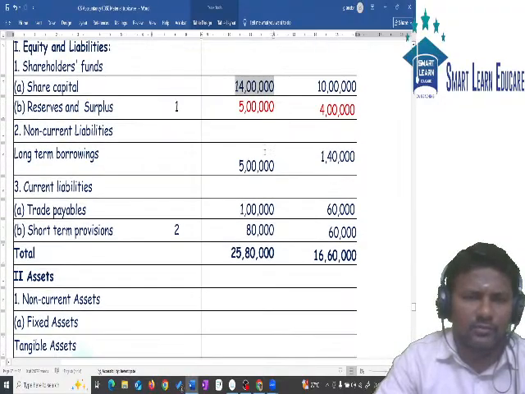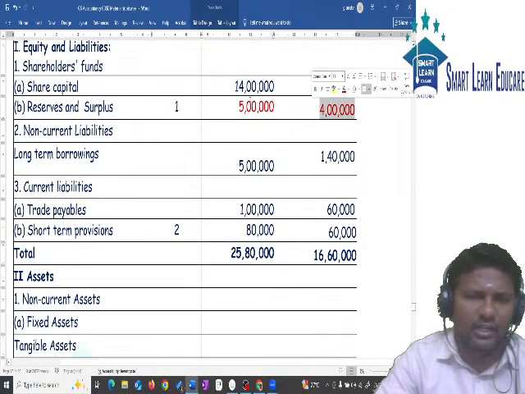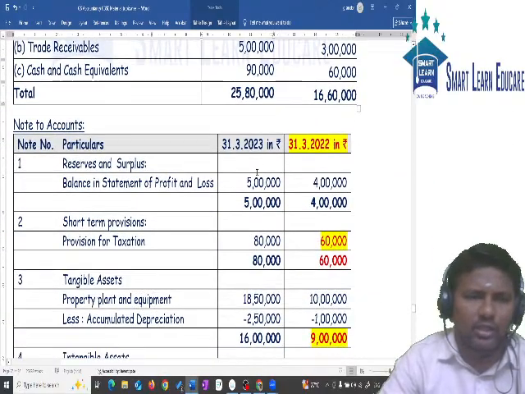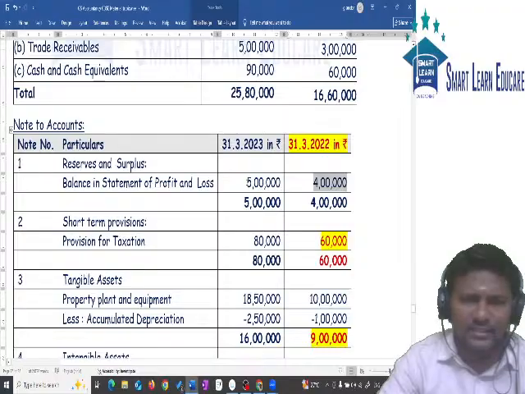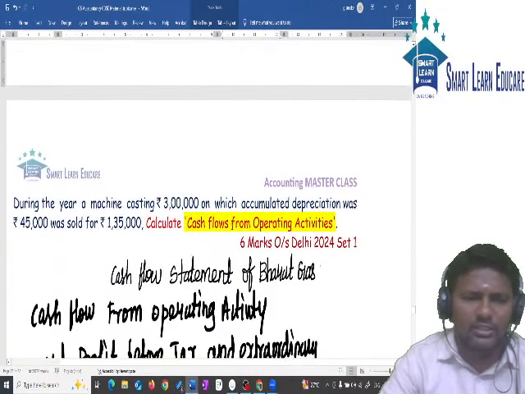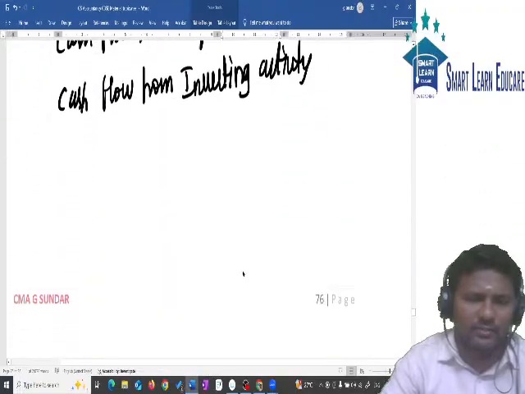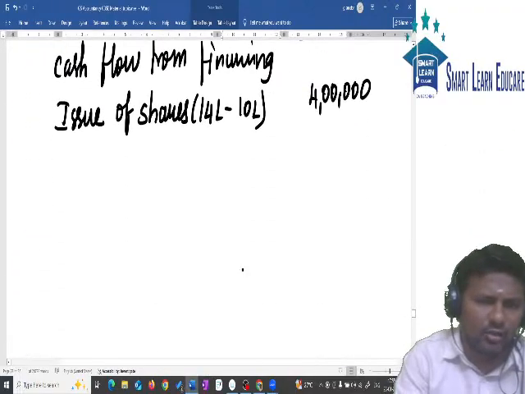Second one, reserves and surplus. Relating to reserves and surplus, we have note number 1. What is note number 1? Change in profit. This is the starting point: net profit before tax and extraordinary item. For that we will have a working note.